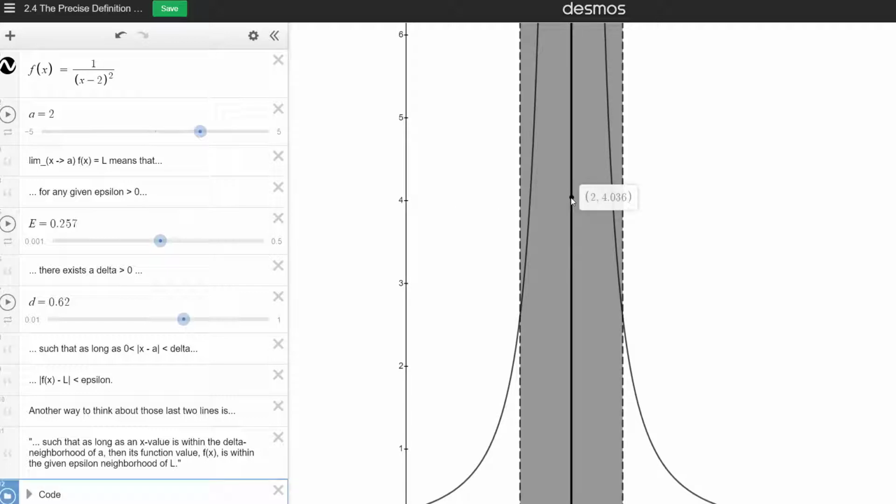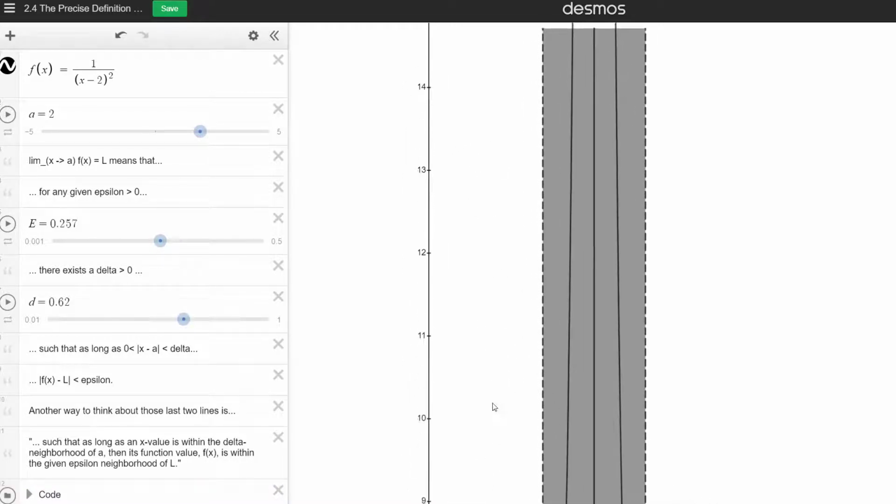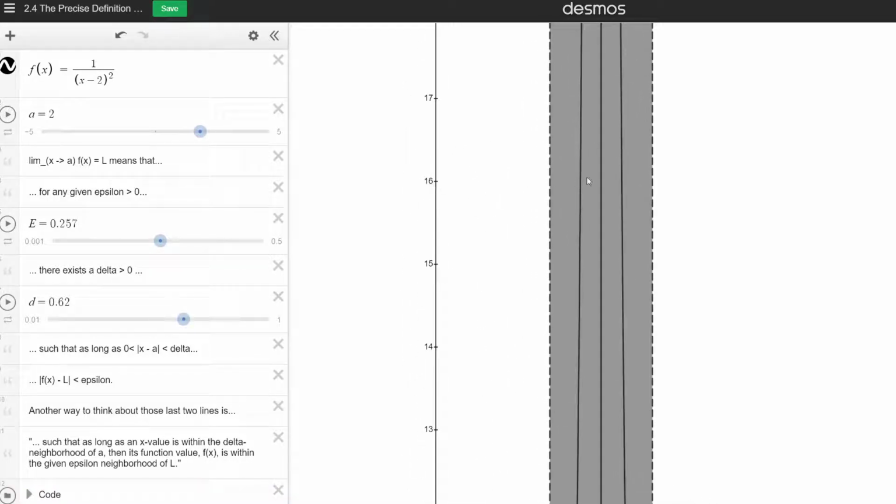There's no epsilon neighborhood that would contain this black curve. That black curve would jump right outside of it. In fact, no matter where you park the y value, let's say we tried it at 16, a height of 16, the function would go well above your epsilon neighborhood if you had a little wiggle above and below a height of 16. It would shoot outside of that.